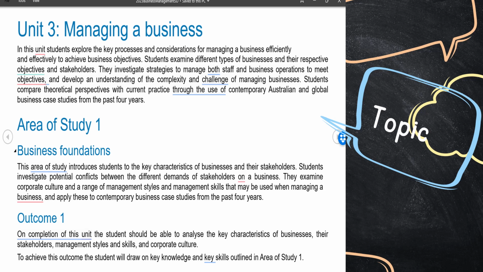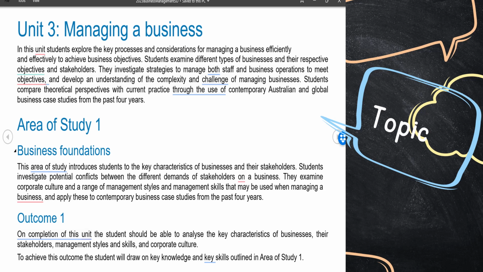In this unit, students explore the key processes and considerations for managing a business efficiently and effectively. Students generally examine different types of business and their objectives and stakeholders.